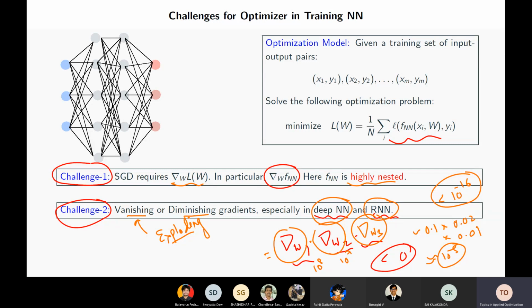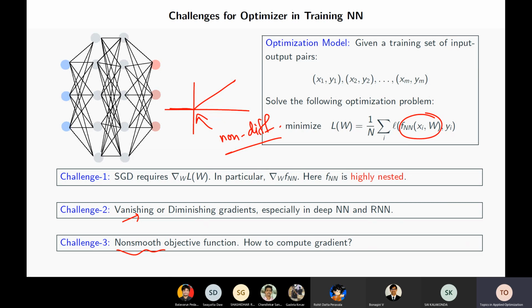We will see if we have time to discuss RNNs and the remaining part. Another challenge that we have is non-smooth objective.